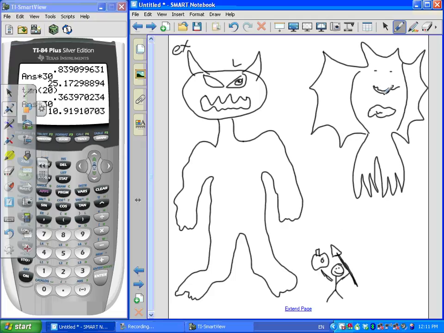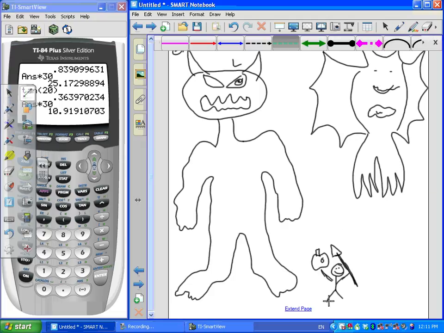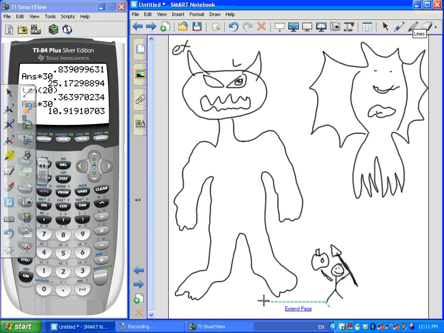Okay? So, let's give us some parameters here. We know that you are 25 meters from the eye. Oh, it's not quite straight. I'm going to have to extend that a little. There we go.